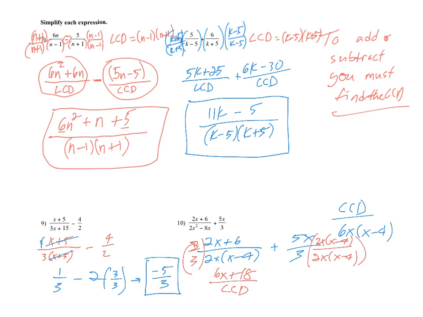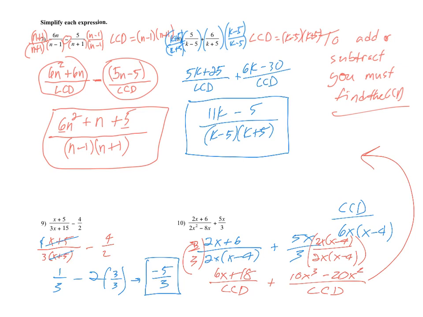So 10x cubed minus 20x squared all over our LCD. So we need to get together what we can get together. Okay, so I'm going to write it up in this area up here because I'm running out of room.